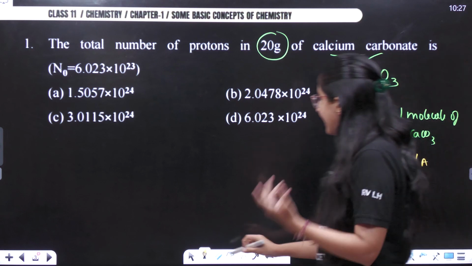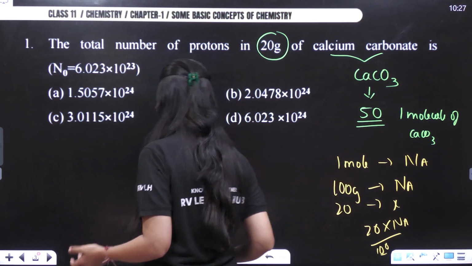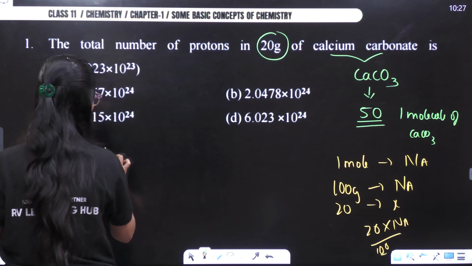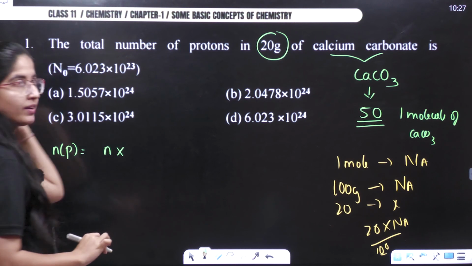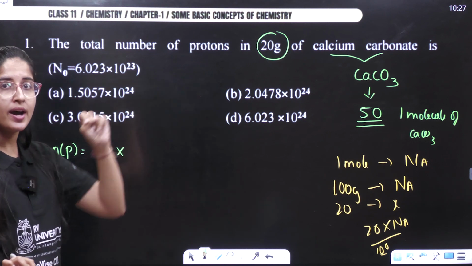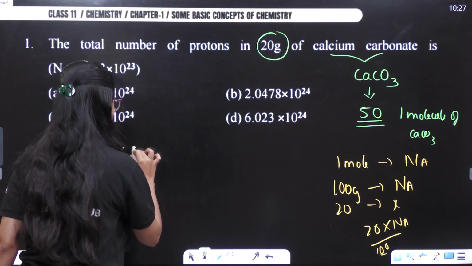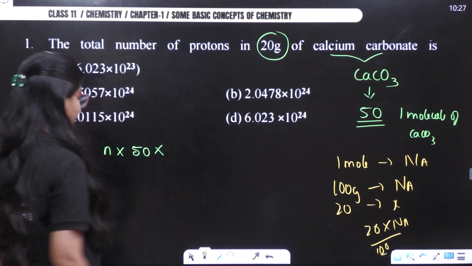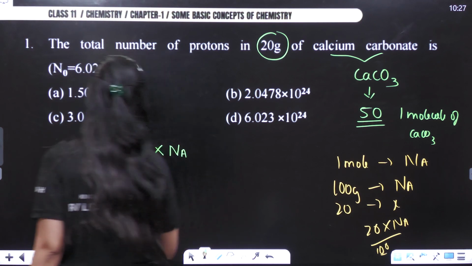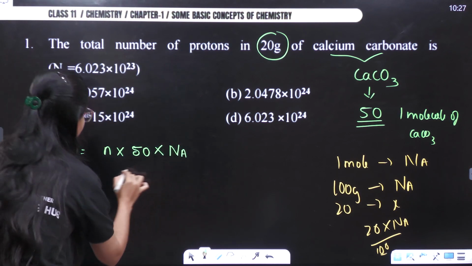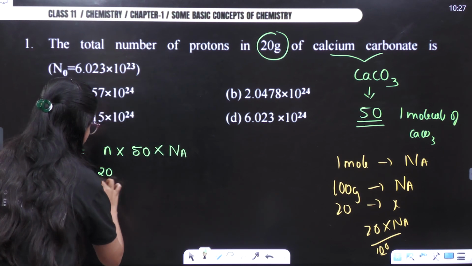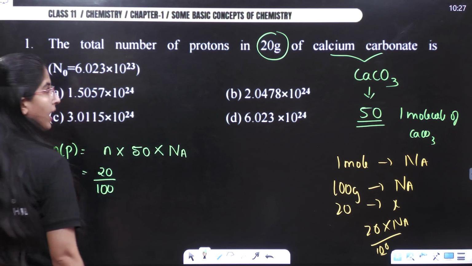So now directly we can write the number of protons as number of moles into number of protons present in one molecule, that is 50, into Avogadro's number, correct? Now how can we calculate the number of moles? Number of moles is equal to the given mass divided by molecular mass, 20 divided by 100.